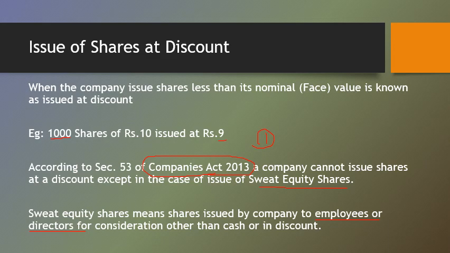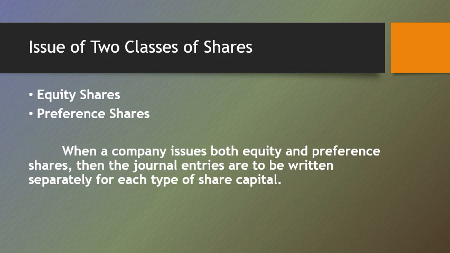In no other cases can a company issue shares at a discount. So there is no worry about it, because a company cannot normally issue shares at a discount, and there is no need to learn this journal entry. Now we have completed our three cases. First, shares issued at par, which means the shares are issued at a price equal to the face value.